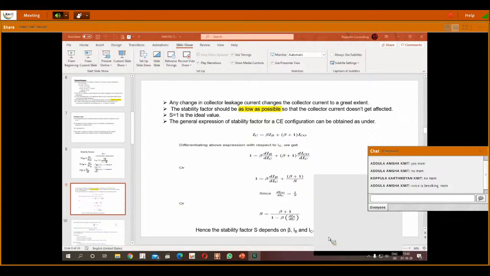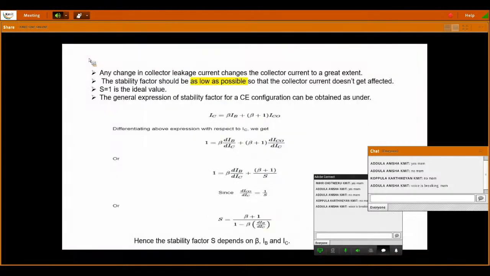Let me move to the next slide. Is there any problem regarding the previous slides? Are you not able to follow? Right. Next, I'll move to the next slide.